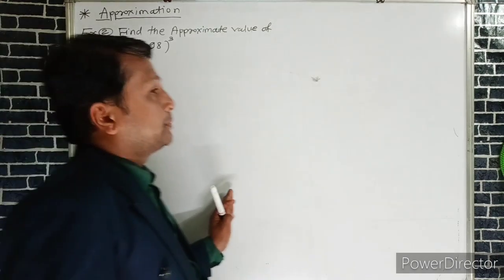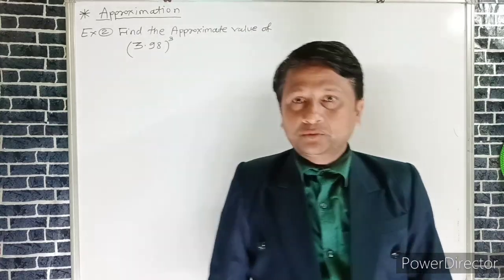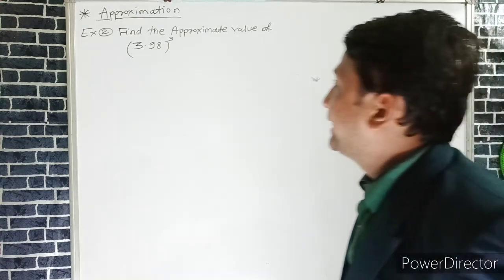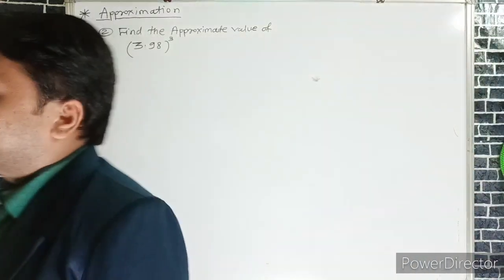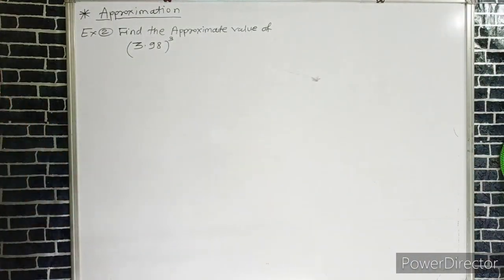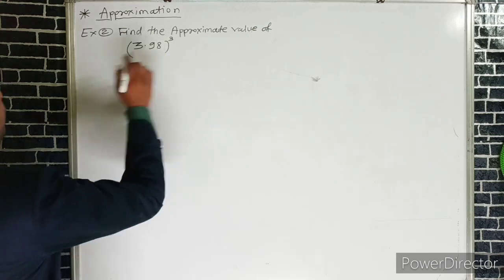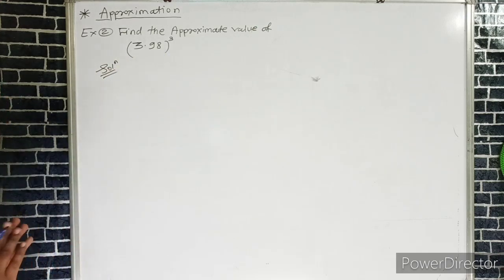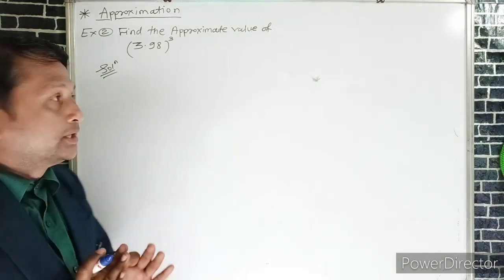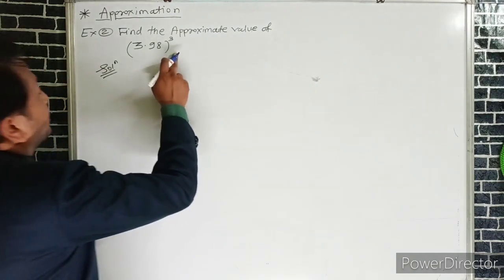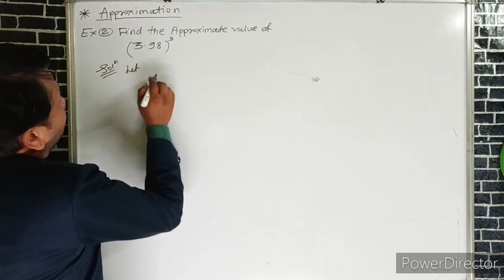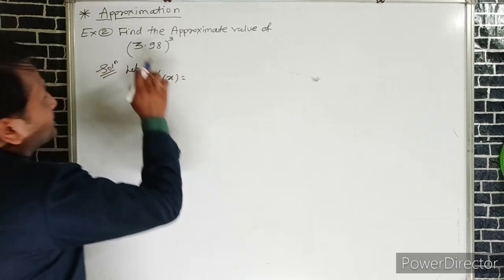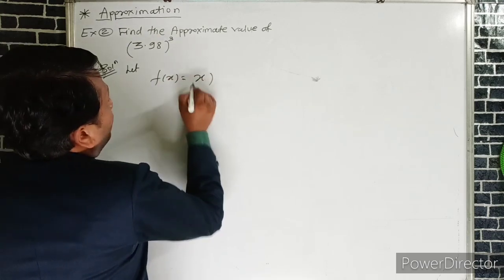So the next example, number 2: find the approximate value of 3.98 whole bracket cubed. Here the given function is 3.98 whole bracket cube, and we have to find its value. Let us consider the function f of x, in the form of a plus h, is x whole bracket cube.